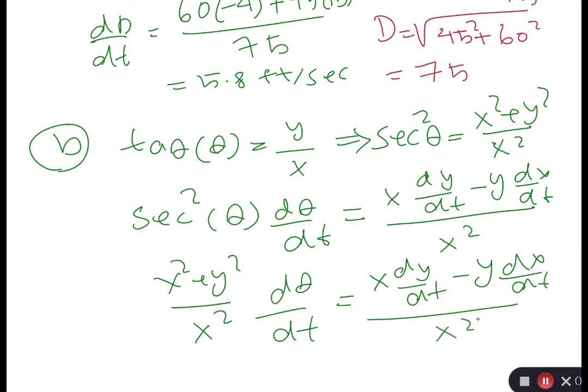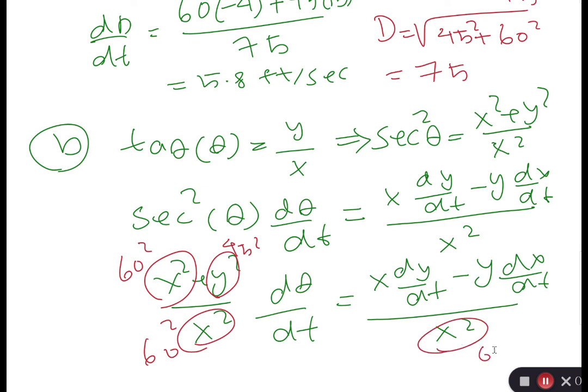Now it's time to plug in all the values. What was x? x was 60 to the power 2, y was 45 to the power 2, and x in here is 60 to the power 2. Over there, again, 60 to the power 2.